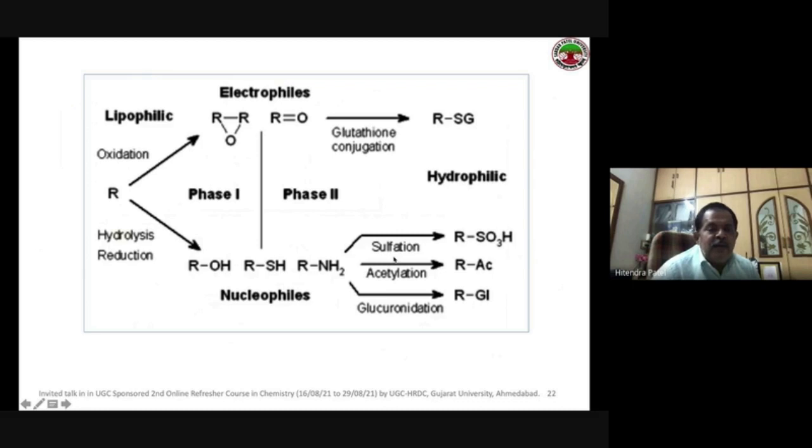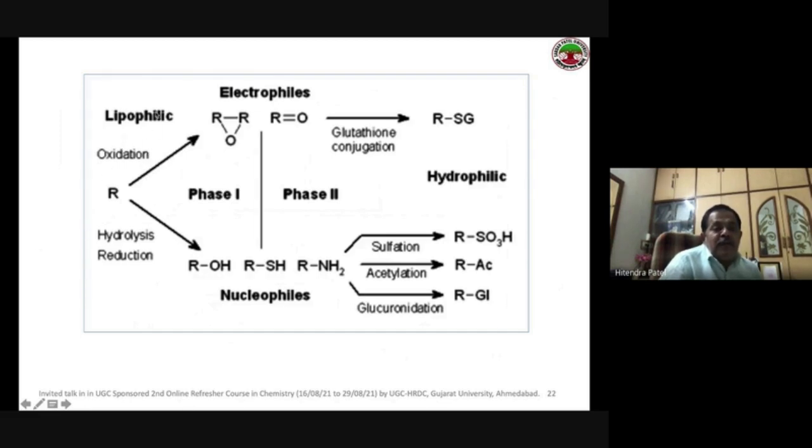So friends, in the drug metabolism process, let us consider one drug molecule where oxidation takes place in phase 1. I'm talking about phase 1. That means whatever drug molecule is absorbed and then distributed, the metabolism process then starts. During the metabolism process, one of the important reactions is called oxidation.